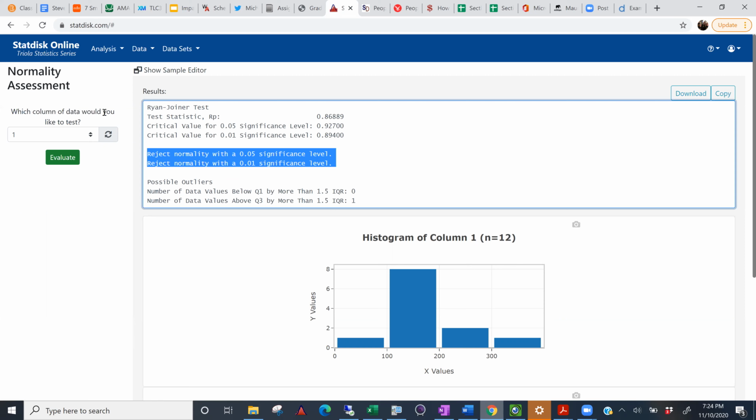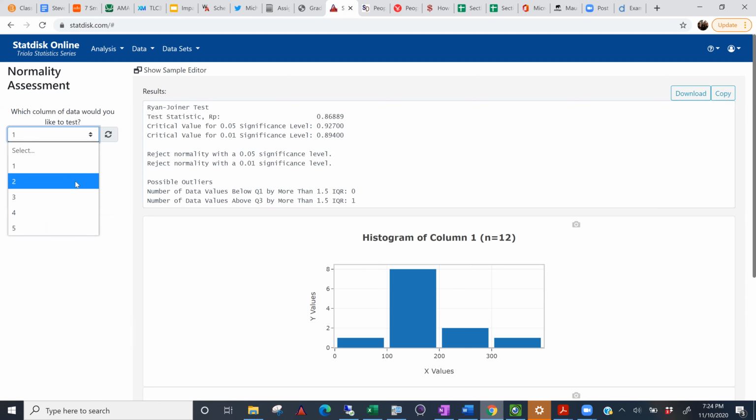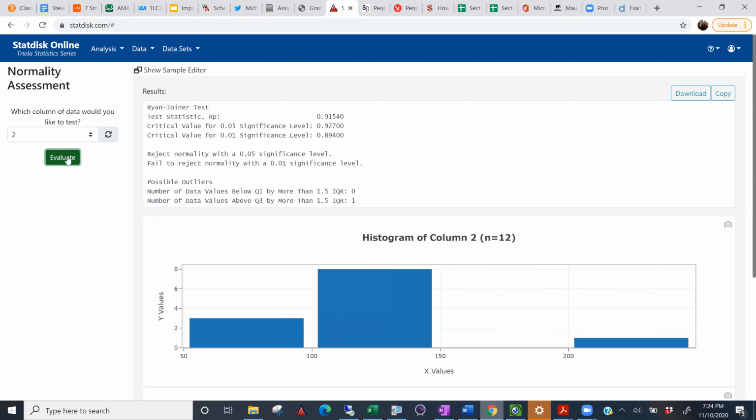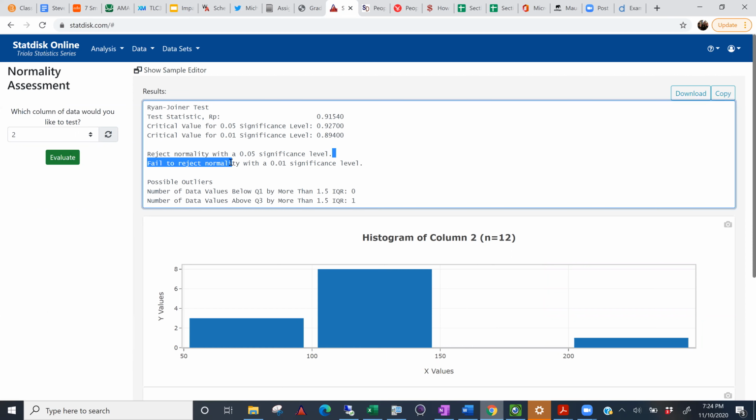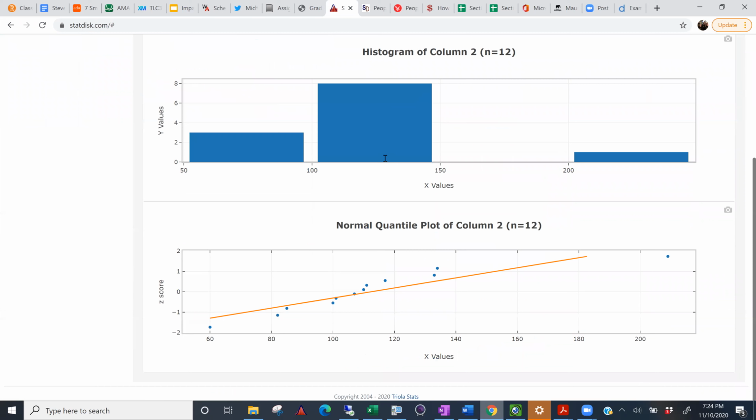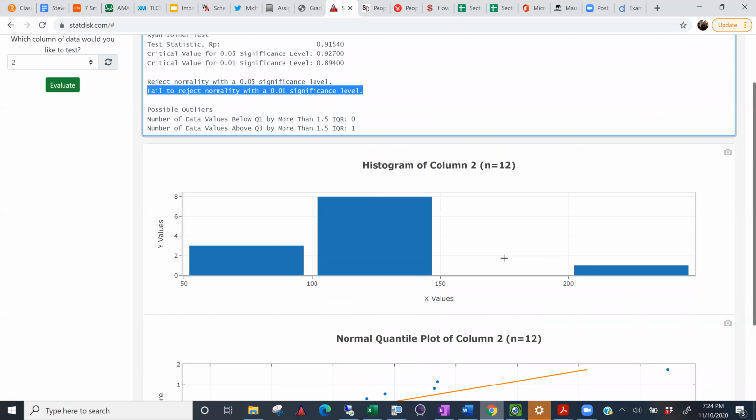If you look at the second column of data, I think we'll see similar results with a little bit of a twist. Now it's interesting, here you reject normality at the 5% significance level, but not at the 1% significance level. So maybe somehow or another, this data isn't quite as bad. And looking at the normal quantile plot, yeah, all right, it's not quite as bad, but it's still not good.